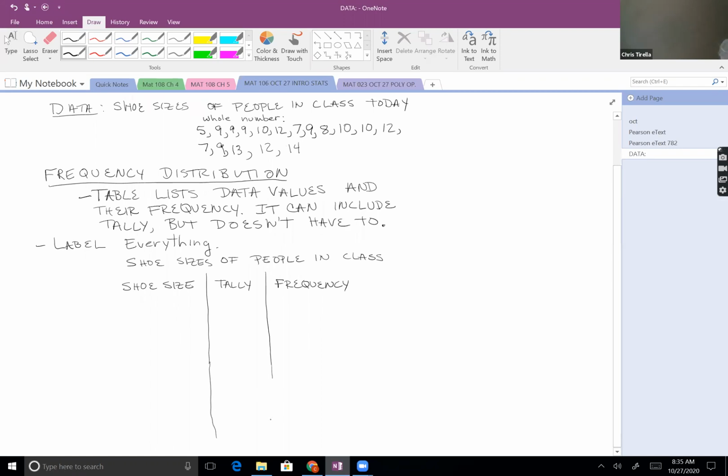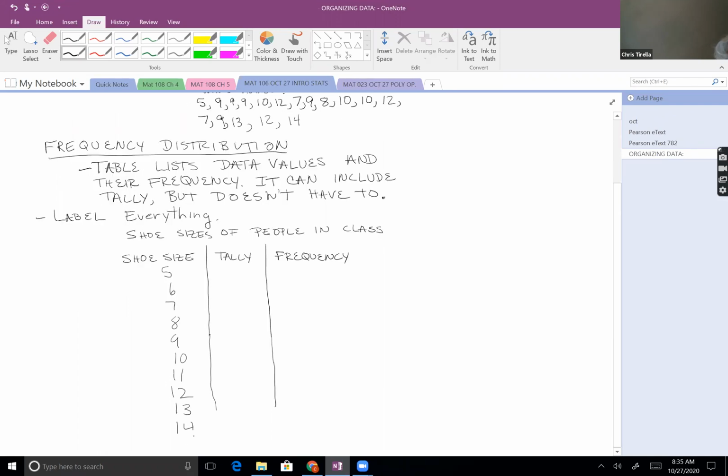So our sizes run from 5 to 14. 6, 7, 8, 9, 10, 11, 12, 13, 14. And so there's a 5, so I'll put a slash mark there.